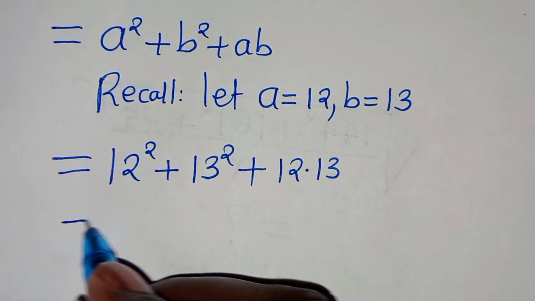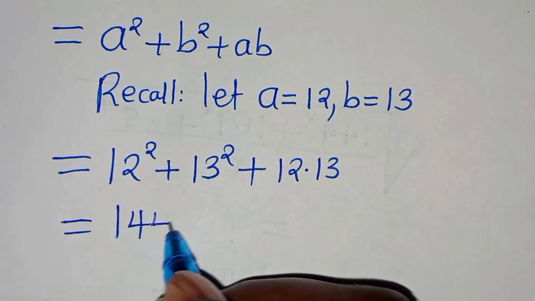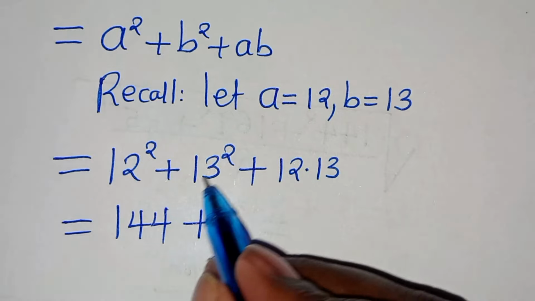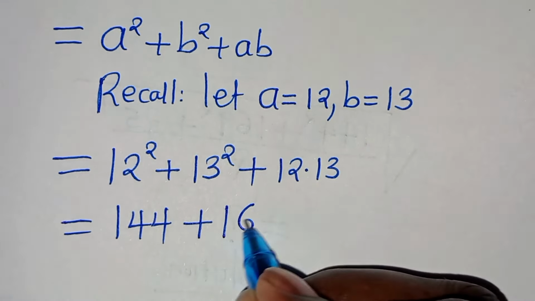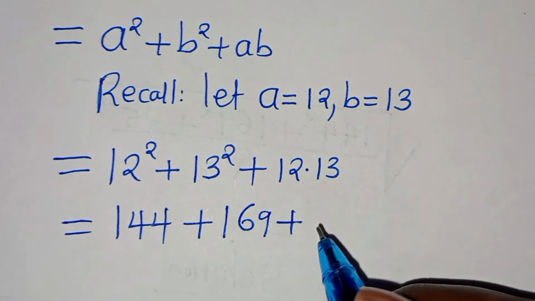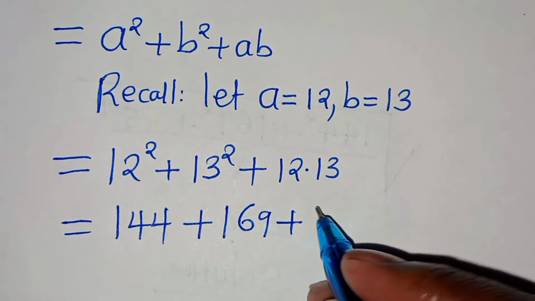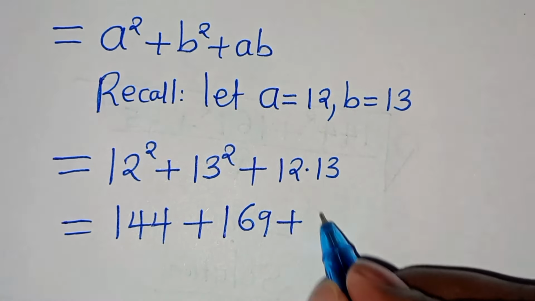So we have that 12 squared, this is 144, plus 13 squared, this is 169, then plus 12 times 13, this is 156.